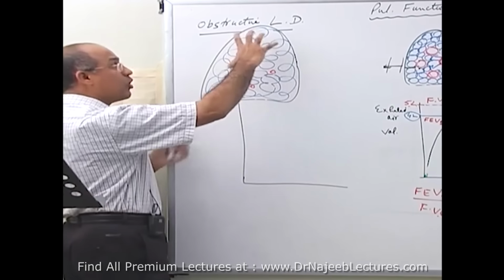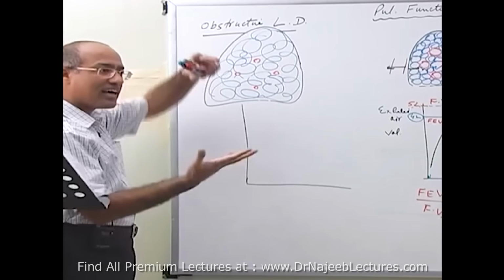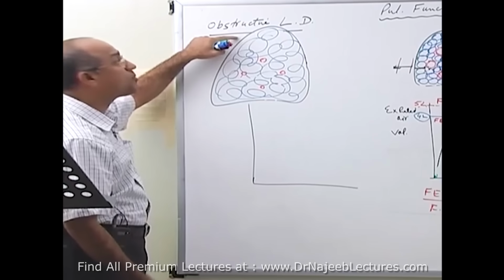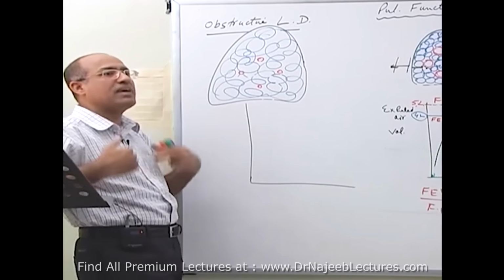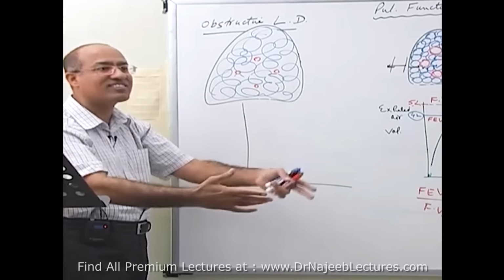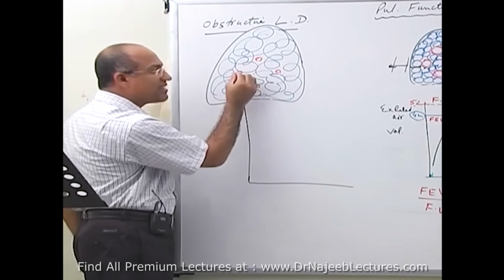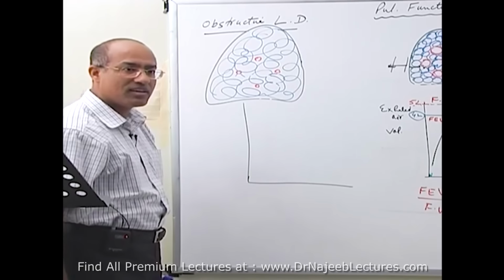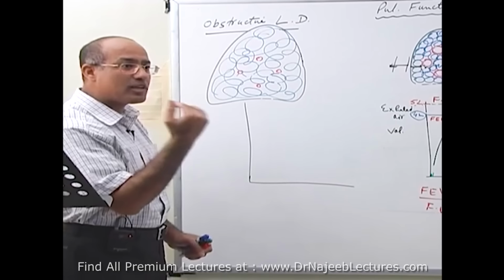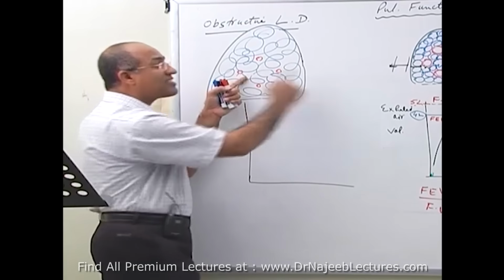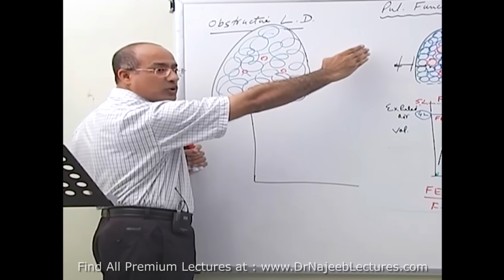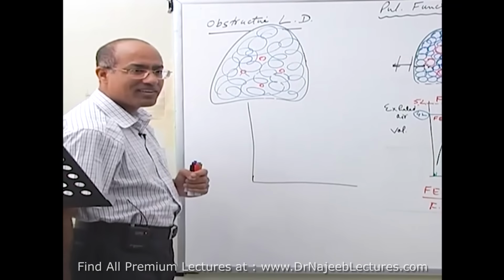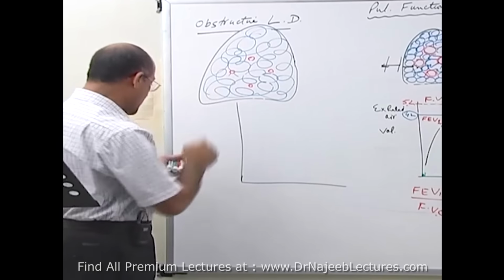No. Even though the lungs are bigger, the total lung capacity is more, still when this lung tries to bring the maximum air out as hard and as fast as possible, because the airways are narrow, can they bring the air out as rapidly as a normal lung? No. Air may eventually come out, but very slowly. Is that right? So let's see what happened here.